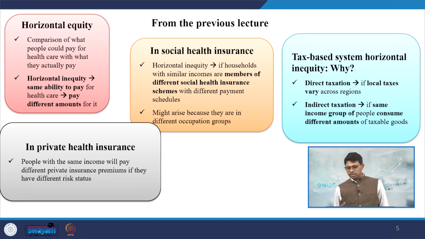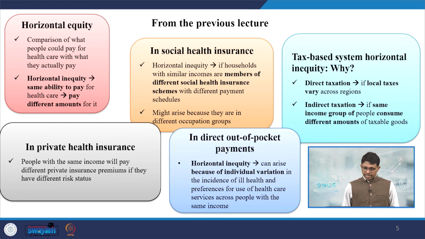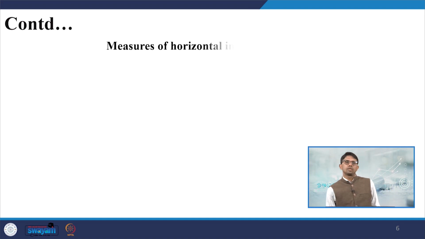In an indirect taxation system, if the same income group of people consume different amounts of taxable goods, then that creates inequity. In direct out-of-pocket payments, horizontal inequity occurs because of individual variation in the incidence of ill events or ill health and the preference for use of healthcare services across people with the same income.